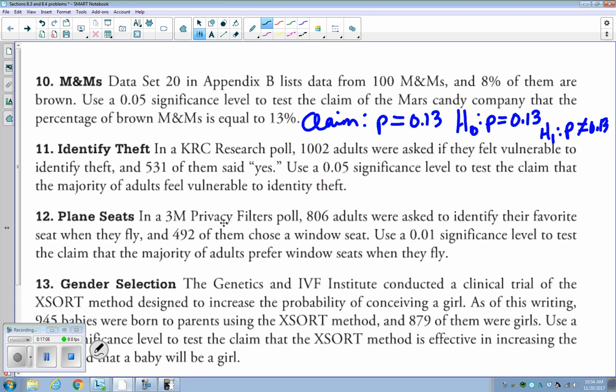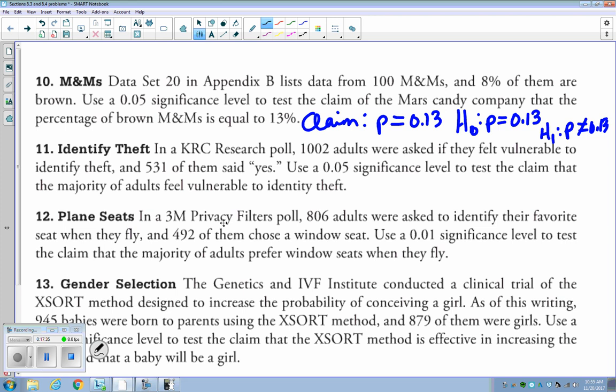Use a 0.05 significance level to test the claim that the majority of adults feel vulnerable to identity theft. Is this going to be a proportion or a mean? Proportion. Because I have 531 out of 1,002. Okay? So that's going to be a proportion.